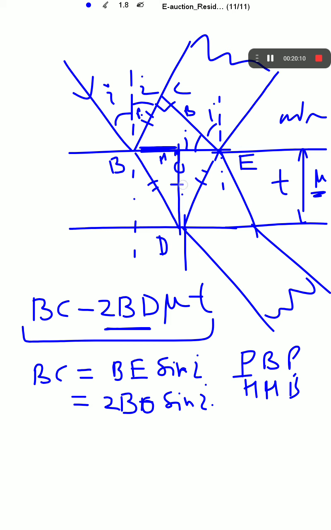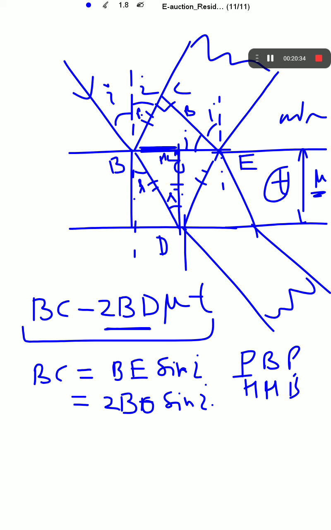I know this side is T, the thickness, and this is, let us say, R, the refraction angle. Because this is also R, the angle of refraction between this ray and that ray, this will also be R. So I'll write this is 90.